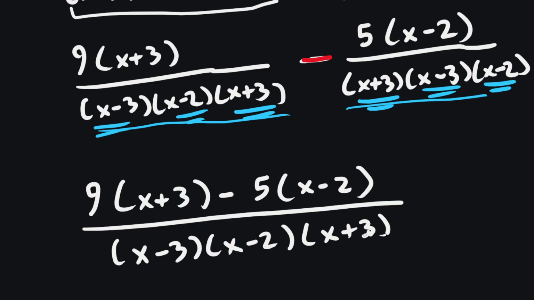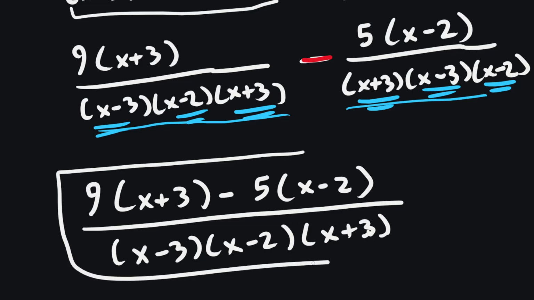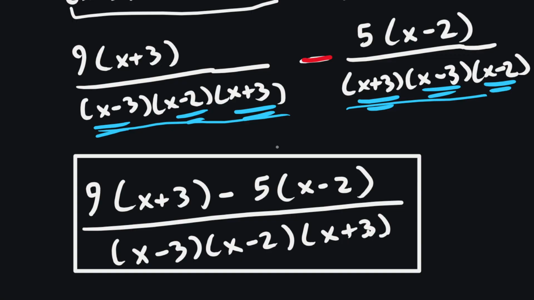It doesn't matter which order you write these in the denominator, as long as you have all the right terms in there. And that is our final answer. And that is how we add and subtract rational expressions.